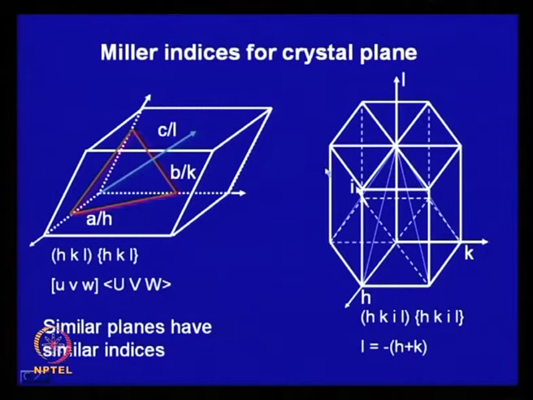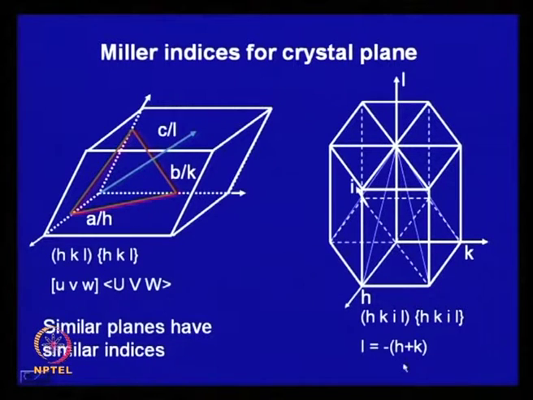But if you look at this particular plane, which intersects h at 1 and k at -1, this is actually 1 -1 0. So, although they are the same kind of plane, the indices are different.